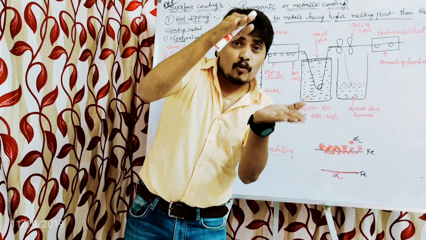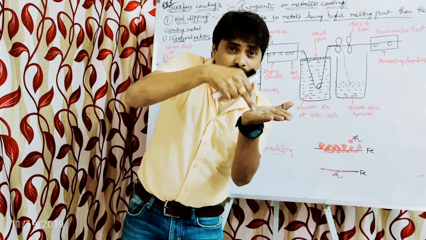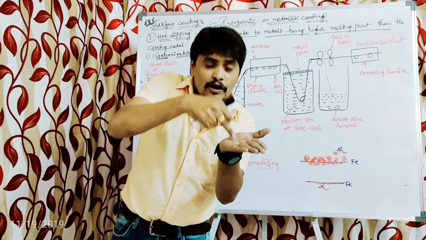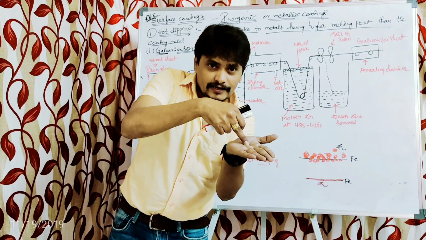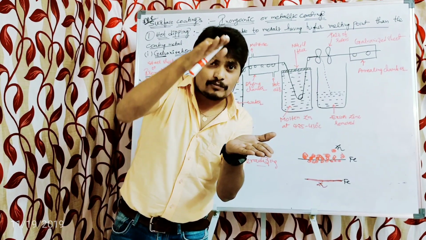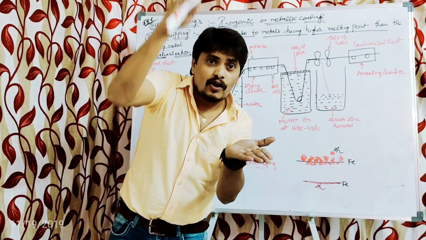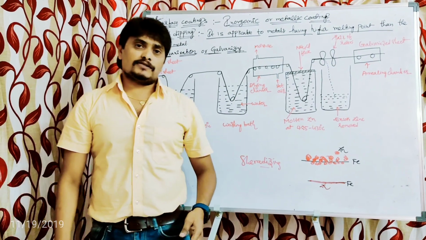So since it is more anodic when compared to the iron, whatever the sulfuric acid molecules which are present inside the iron sheet, under the influence of those sulfuric acid molecules, even this coating metal, that is zinc, will undergo dissolution, resulting in the formation of toxic compounds.